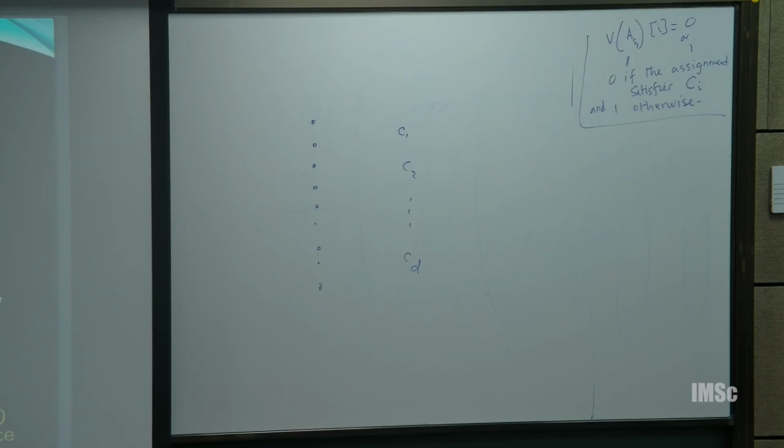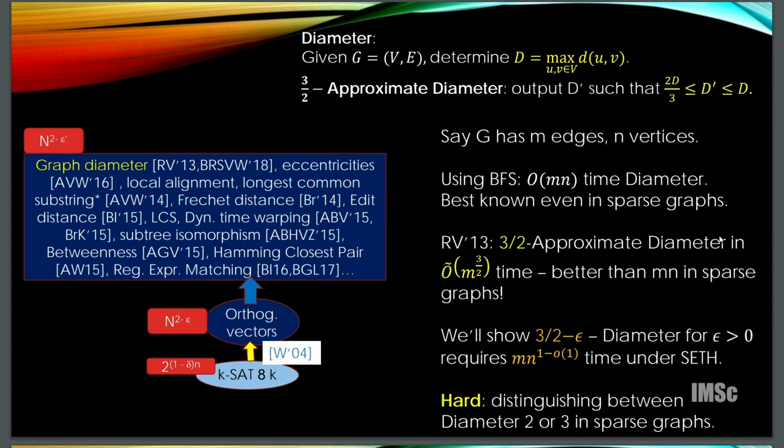Yeah, so we can even phrase the orthogonal vectors problem as you are given two sets of vectors and you ask, is there a vector here and a vector here that are orthogonal? Let's look at that version of the problem. Okay.